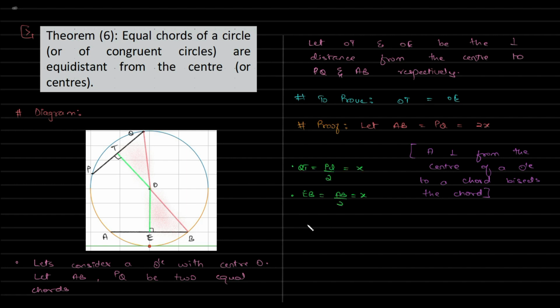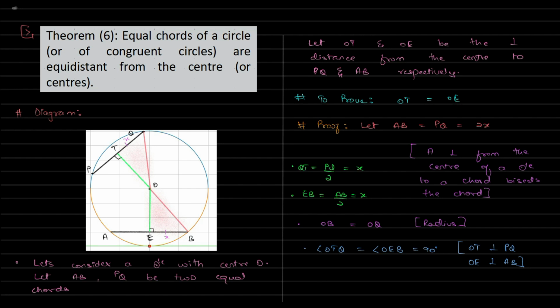Now what is the next thing? I proved that this length is equal to this length because both are equal to x. Then OB is equal to OQ. Reason? Because they are radii. Then we have angle OTQ, which is equal to angle OEB, because they are equal to 90 degrees, as OT is perpendicular to PQ and OE is perpendicular to AB.